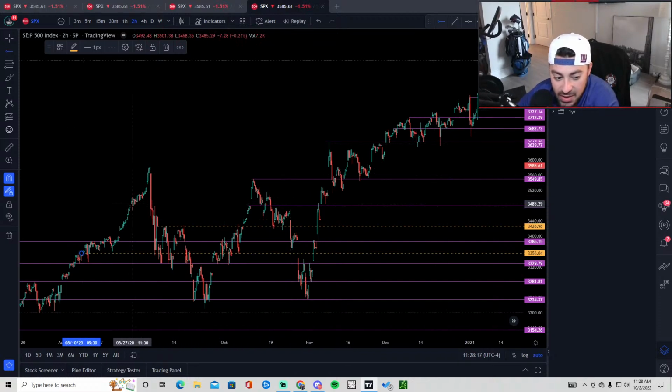But again, I'm not trying to overcrowd the chart. You know what I'm saying? Because I don't want to overtrade. I'm not trying to have too much going on the chart to make it more complicated than it needs to be.